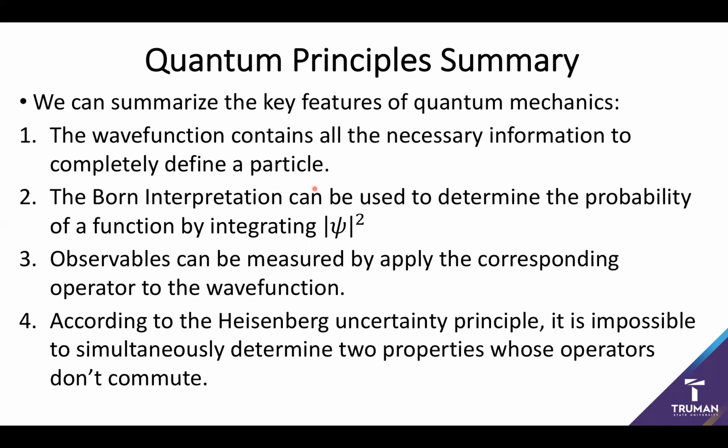And then finally, when we bring in the Heisenberg uncertainty principle, it essentially is going to help us identify that sometimes we can't have it all. We can't always determine 2 properties simultaneously. Sometimes I have to admit the fact that if I know one value perfectly, I'm not going to have any information about the other.